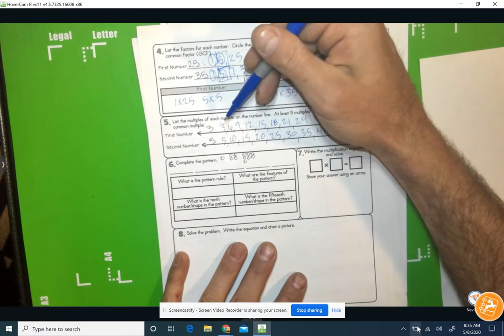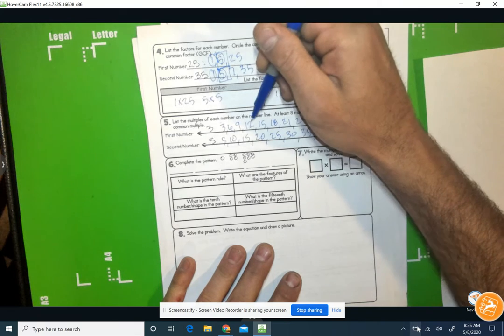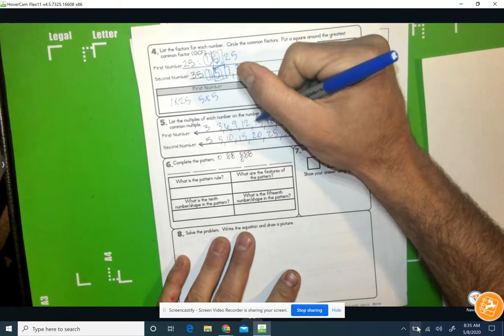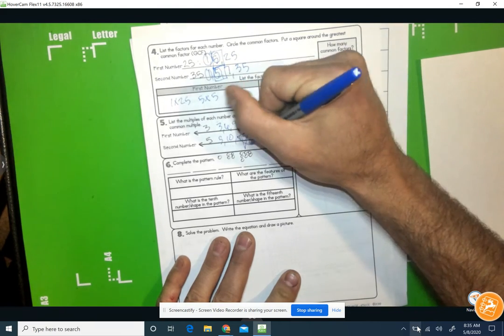Okay, now these are the multiples. Now we need to put a star around the least common multiple. Okay, the smallest multiple that 3 and 5 share. And as I go down the list, no 3s, 6s, no 9s, no 12s, no 15s, yes. And now I'll put my star around my least common multiple.